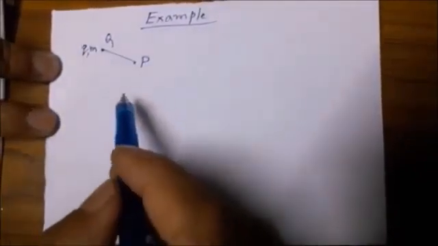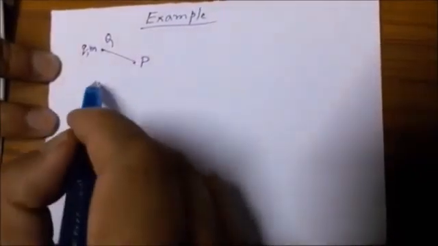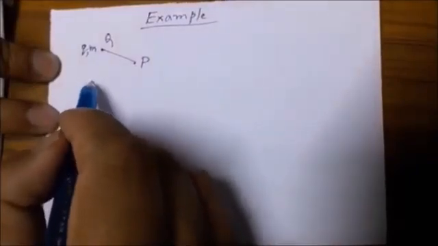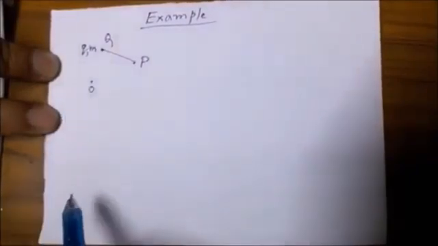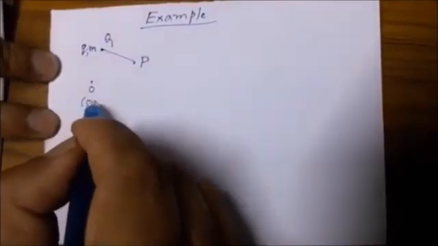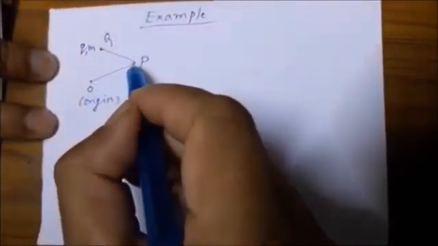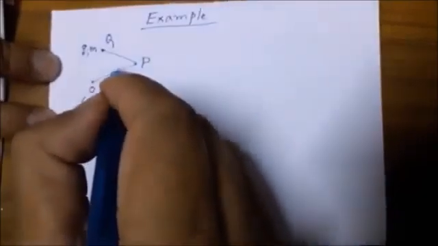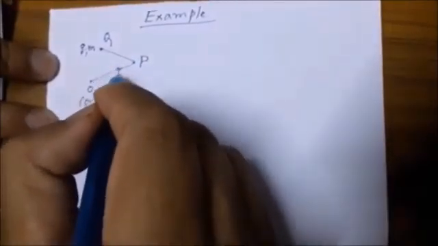Now the position vector of the point P with respect to some point O, which we take as origin, is say vector r.